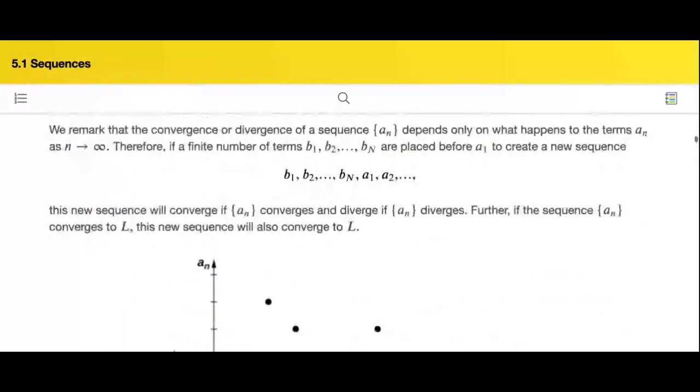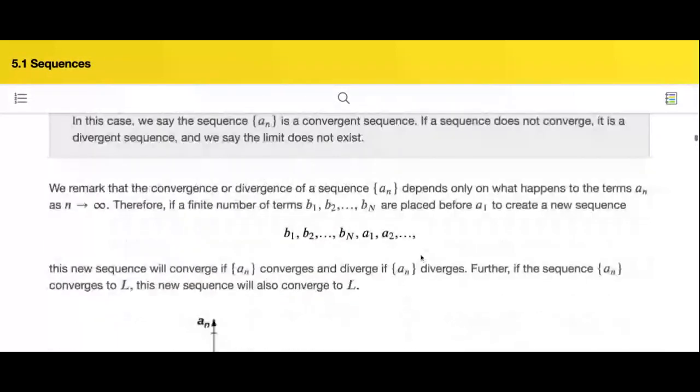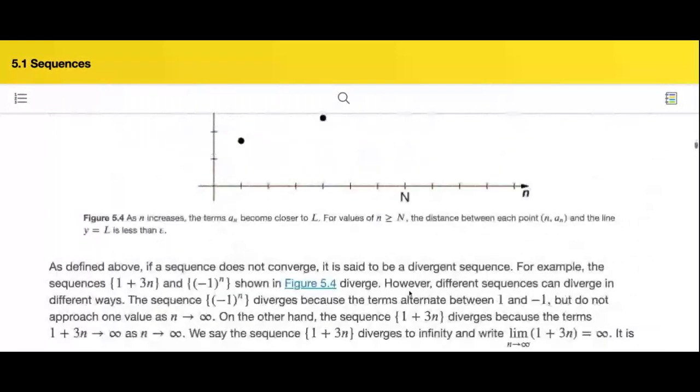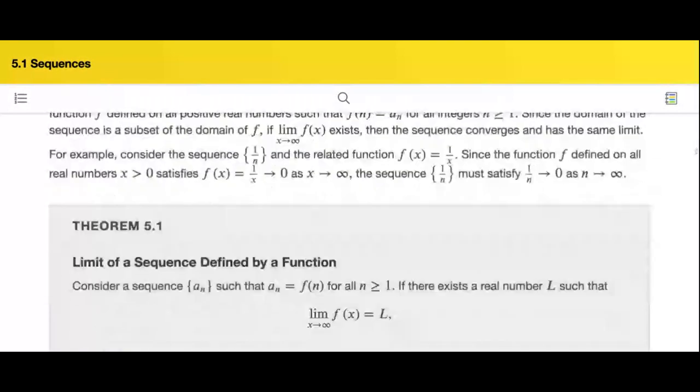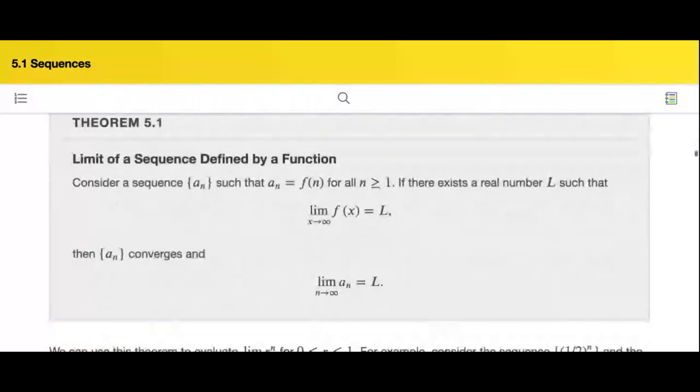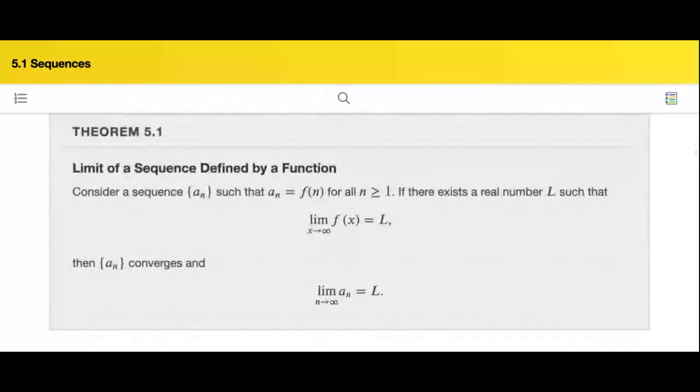Okay, you can read all this. All right, this is more detail about it, especially if in the beginning you feel the idea of a sequence is kind of confusing.